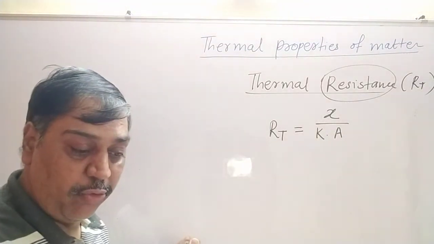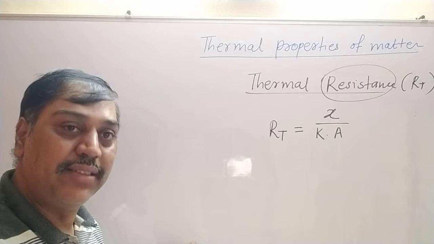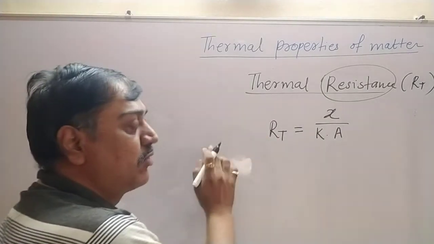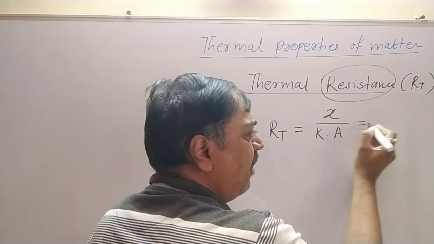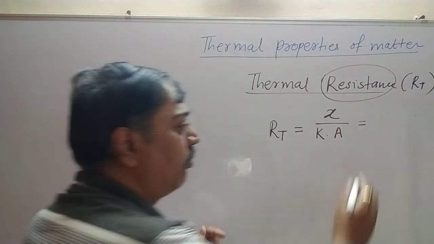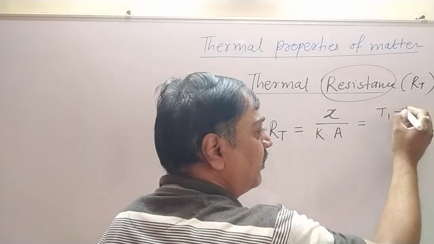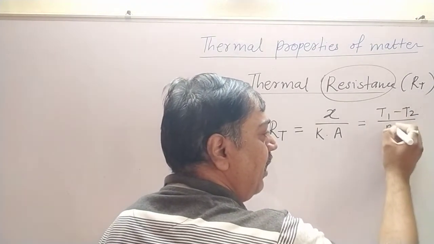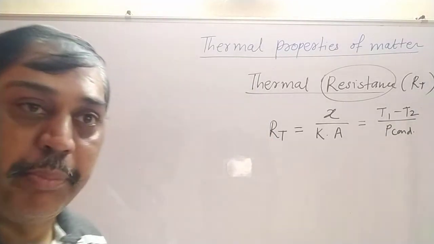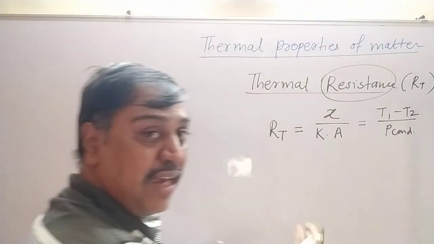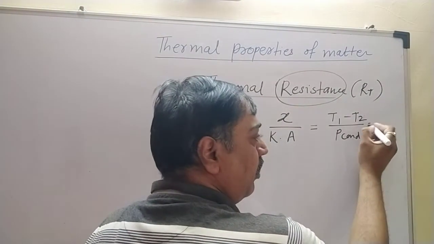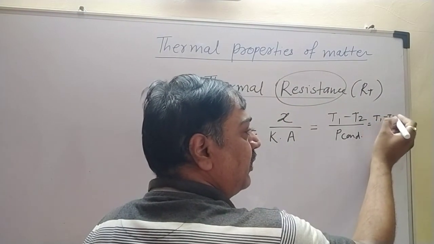This RT is also equal to T1 minus T2 divided by P conduction. We can write this further as T1 minus T2.